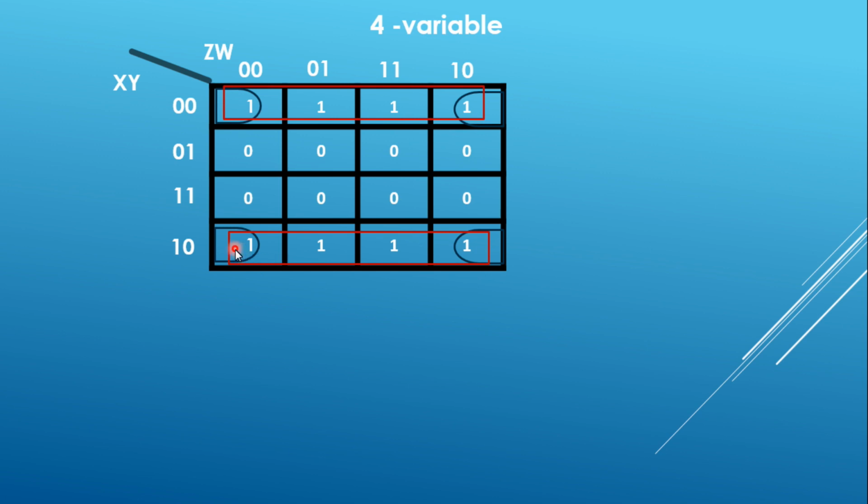But if you go for the corner ones together, you form this particular group with these 4 ones. You can understand that this is a redundant group. It has all the ones already belonging to a group. So the better option is to have only an octet.